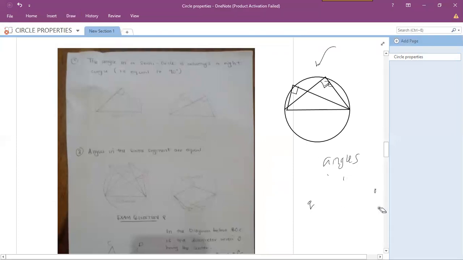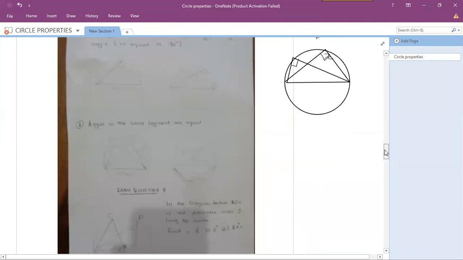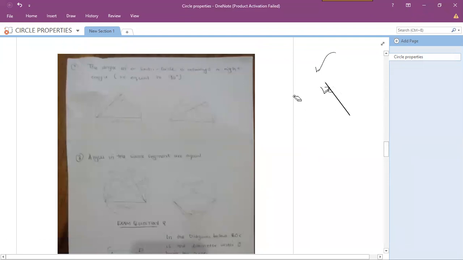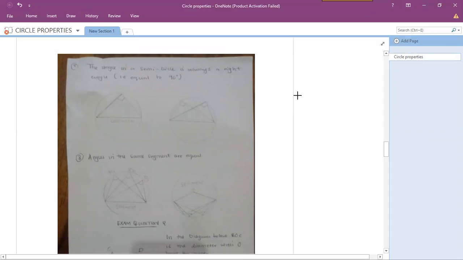So the other rule that we're going to talk about is that angles in the same segment are equal. All right, there's an exam question there. Okay, that's good. Angles in the same segment are equal. So what do we mean by angles in the same segment? A segment is a region bounded by a chord and an arc.